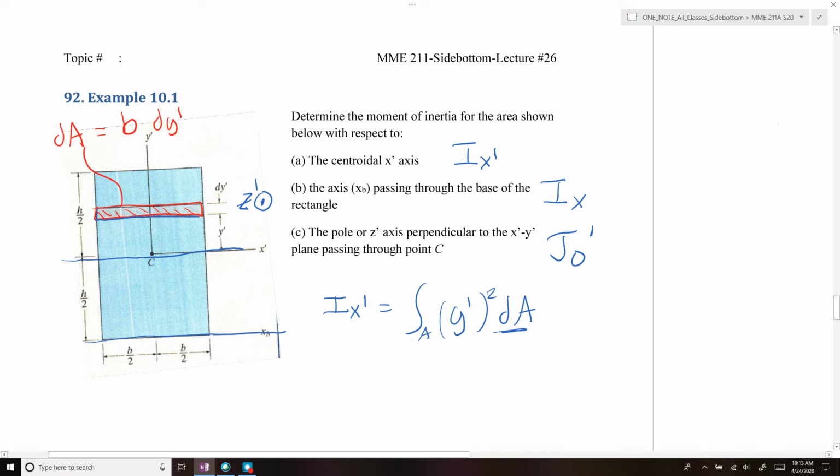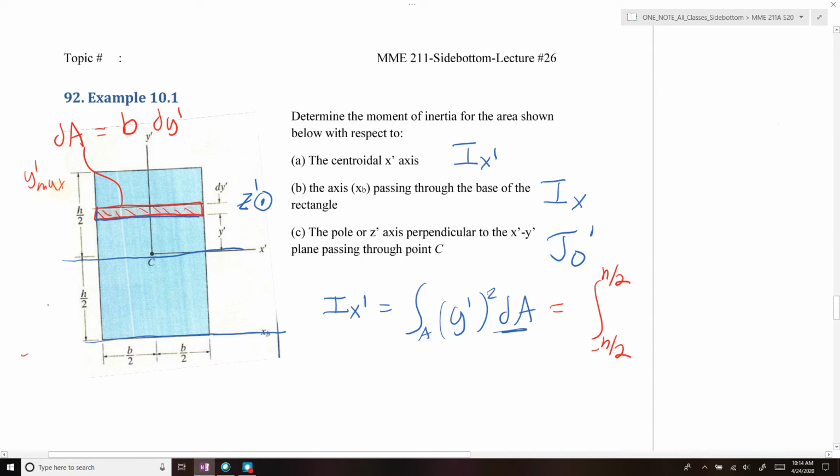If we plug that in, our integral will go from minus h over 2 to h over 2, which are the maximum and minimum values of y prime.